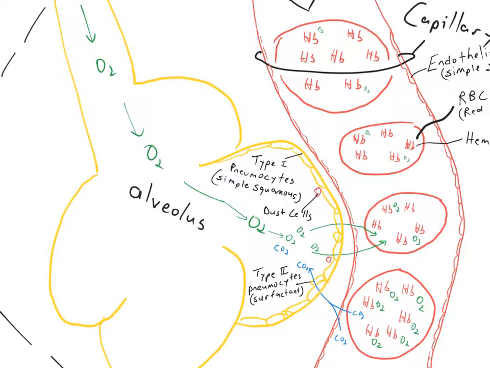The capillaries are so tiny that all that really fits through a capillary is pretty much a single file of red blood cells. Red blood cells are among the simplest cells in the body. They're really just little sacs packed with hemoglobin. They don't have a nucleus or mitochondria or anything. They're big sacs full of hemoglobin, which we've abbreviated as HB here. And hemoglobin has an affinity for oxygen. It's a protein that carries oxygen.